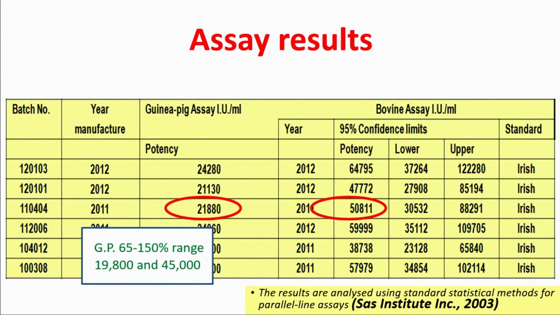However, when we check our guinea pig assays, what's routinely 30,000 in guinea pigs, we normally get 50,000 in our cattle. And as I said, for our Irish programme, the OIE recommends 50,000 international units. So we're quite happy to be getting 50,000 international units. And it's pretty consistent at the 30,000 or up to 30,000, given the judicial ranges, that we get 50,000.